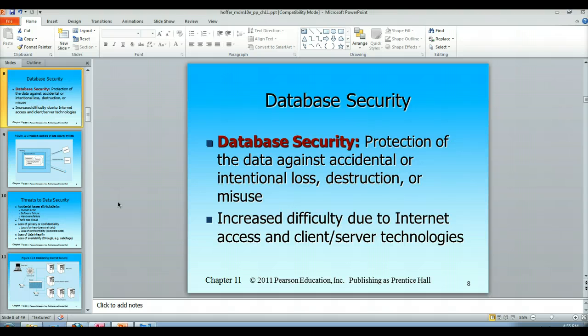As far as database security is concerned, we need to protect our data against either accidental or intentional loss. We need to protect it against destruction and damage. And we need to protect it against misuse. This, of course, has been made even more difficult due to internet access.